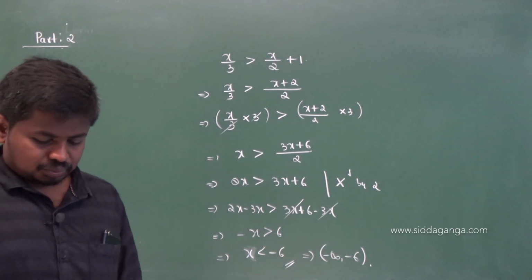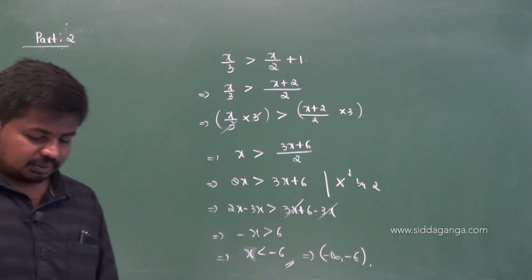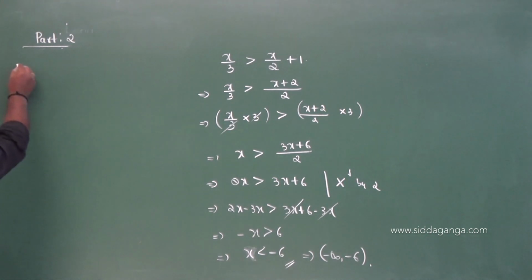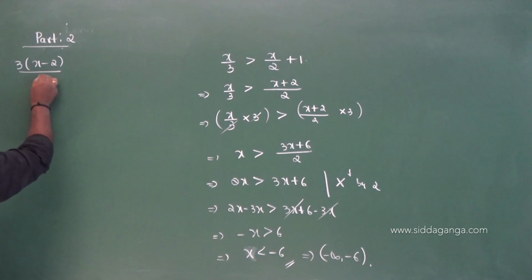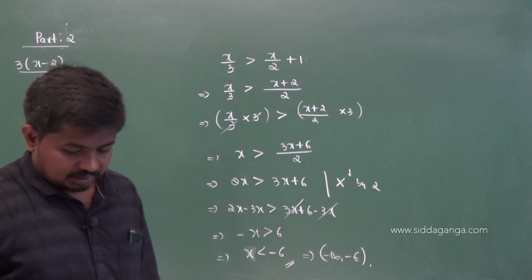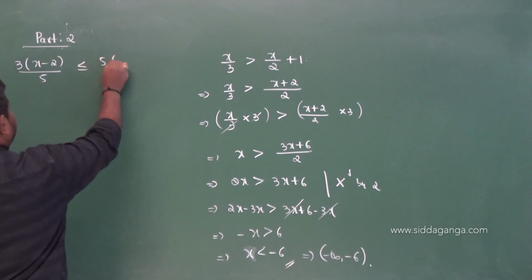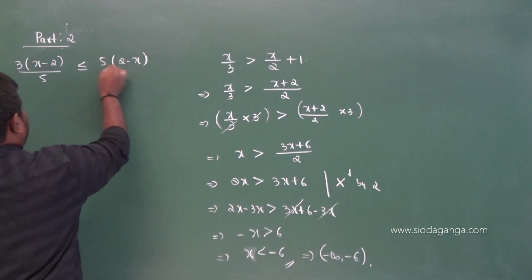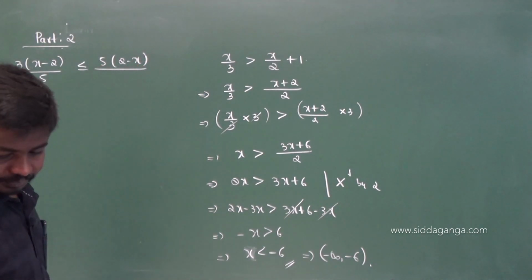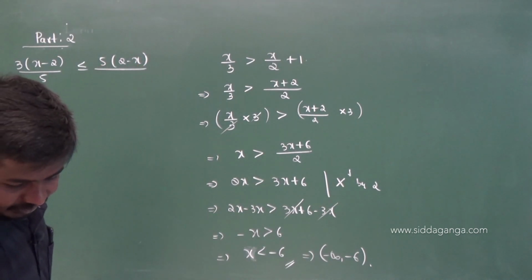Okay, now let's move on to a somewhat different one. 3 into x minus 2 by 5 less than or equal to 5 into 2 minus x by 3.